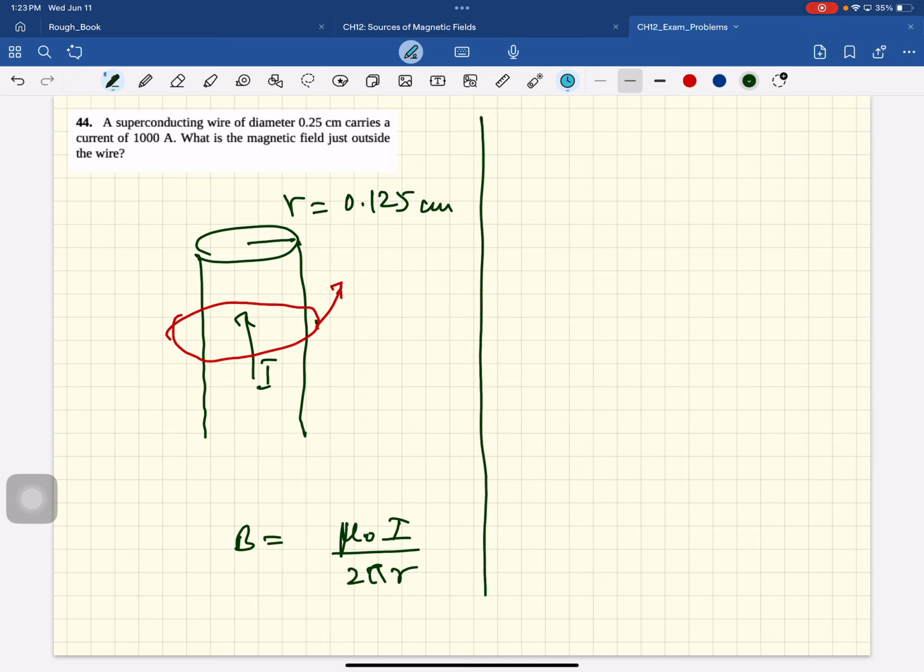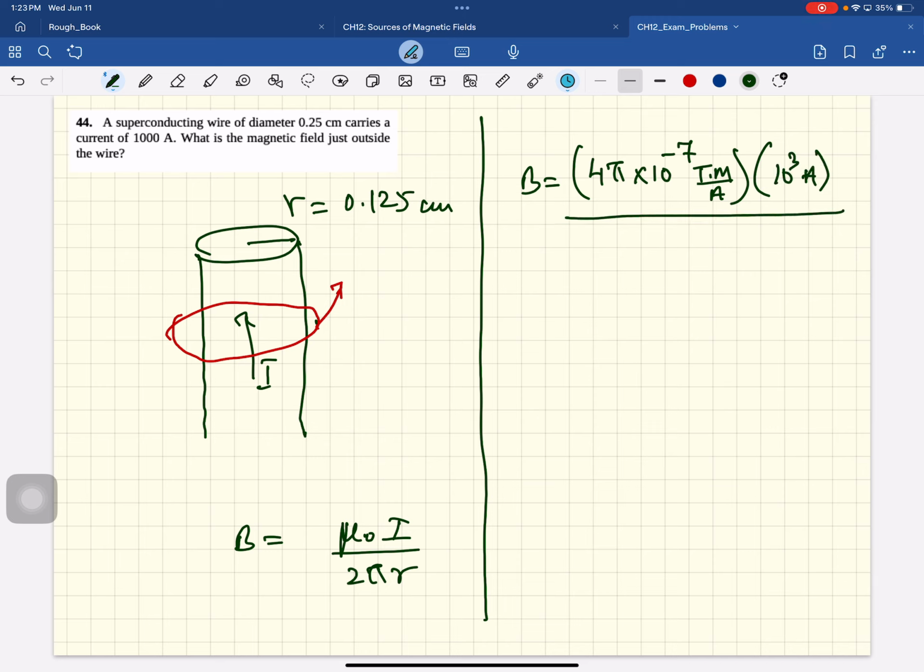Okay. So mu naught is 4 pi times 10 to the minus 7 Tesla meter per amp. I is 1,000 amps, 2 pi, and you're just outside the wire, so 0.125 centimeters, which is 10 to the minus 2 meters.